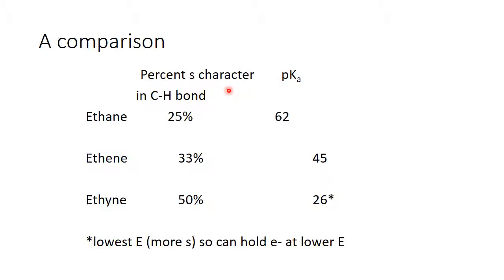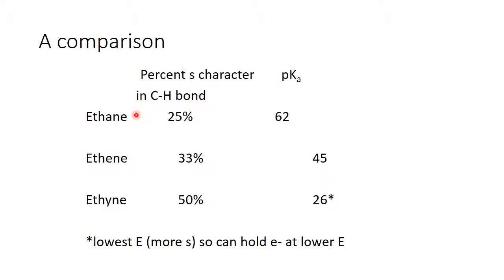This information shows us where the acidity of a terminal alkyne comes from. Let's just look at the hybridization of each of these. Ethane has a carbon that is sp3 hybridized. Ethene has a carbon that is sp2 hybridized, and then ethyne has an orbital that is sp hybridized.